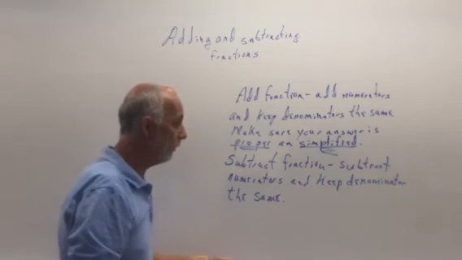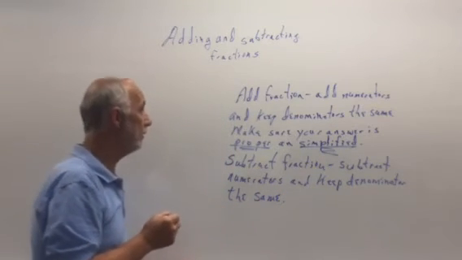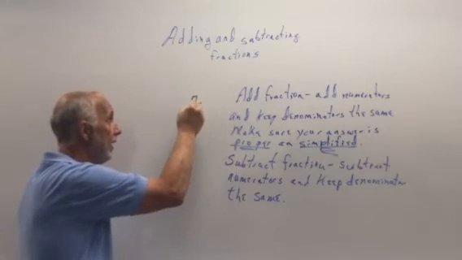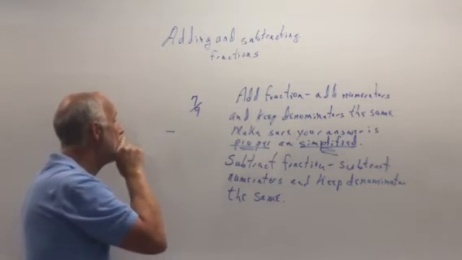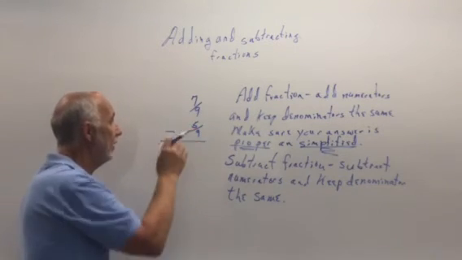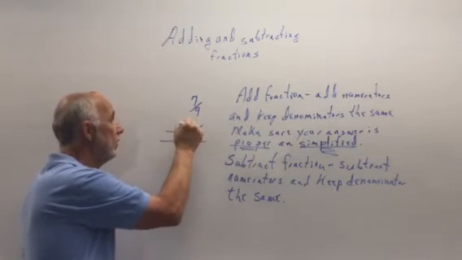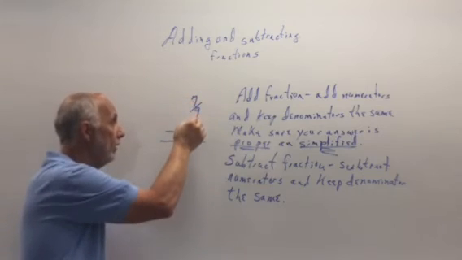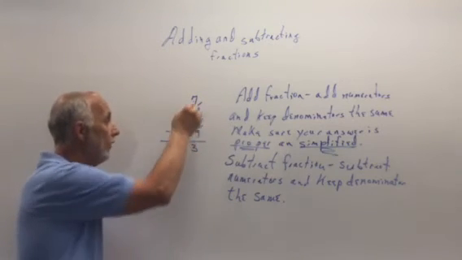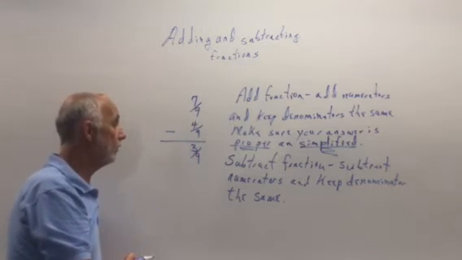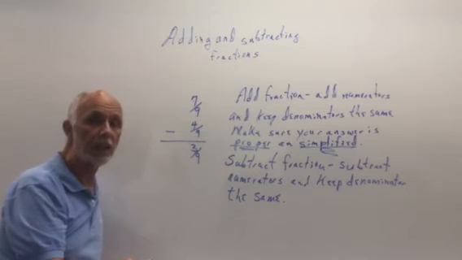So again, if you were to look at this, you could have something like 7/9 minus 4/9. Okay, and now when you subtract the numerators, you get 3, and you keep the denominator the same. So 7/9 minus 4/9 equals 3/9.